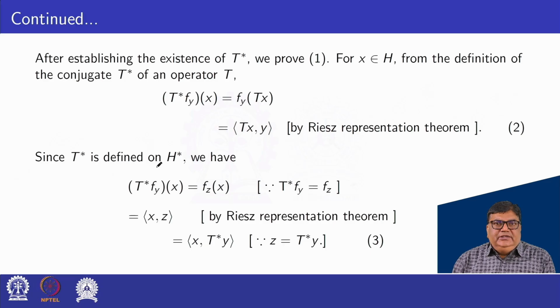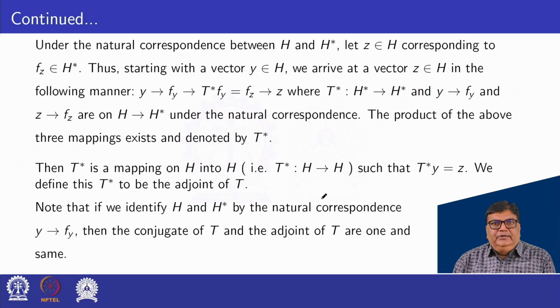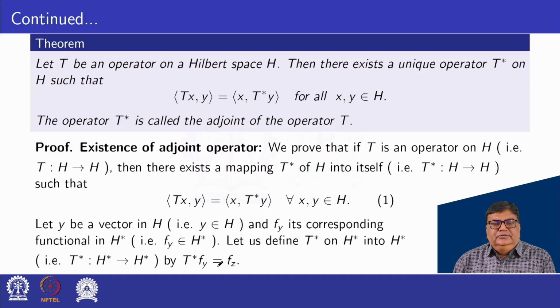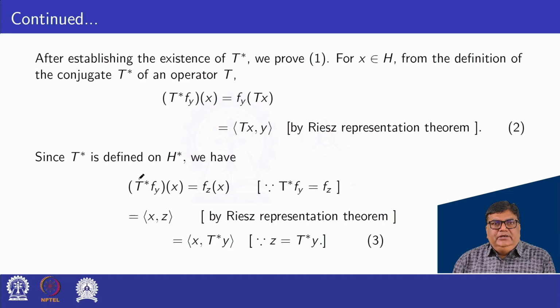Since T star is defined on H star, we have (T star fy)(x) equal to fz(x), because T star fy is equal to fz. Again, by the Riesz representation theorem, this can be written as the inner product of x and z.